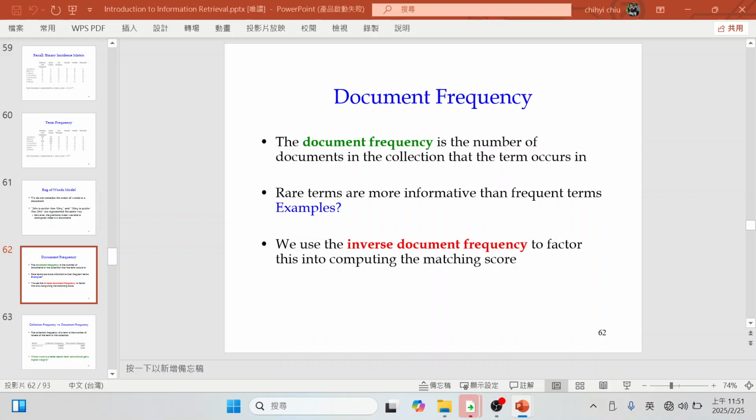If the word appears in just a few documents, maybe it means the word is more important. It contains something meaningful. It's very special. So based on this intuition, we develop the inverse document frequency to factor in the document frequency.